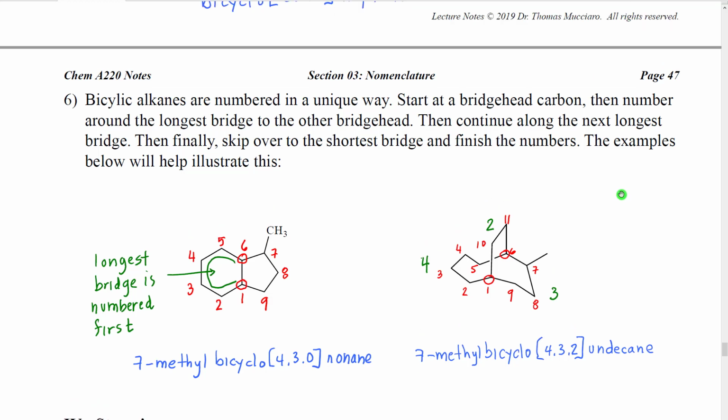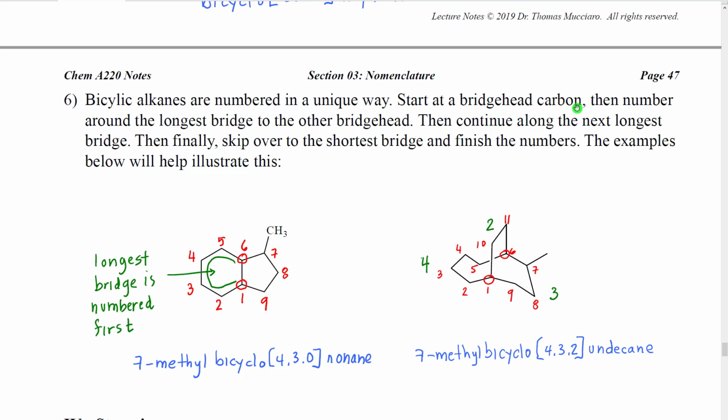The other thing that's interesting about bicyclic alkanes, so this is molecules that don't have functional groups in them. With functional groups, the order changes. We're probably not going to work with those. Instead, we're going to work primarily with just the alkanes. For the alkanes, we have a unique numbering system for the ring system. In that numbering system, we start at a bridgehead carbon, and then we start counting around the longest bridge first until we get back to the bridgehead.